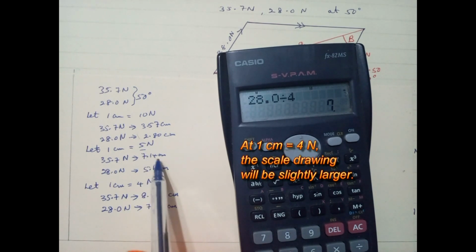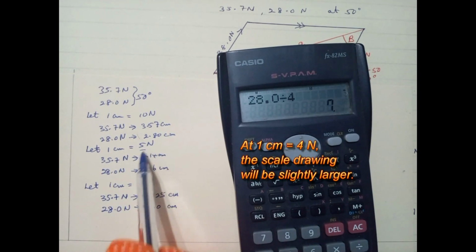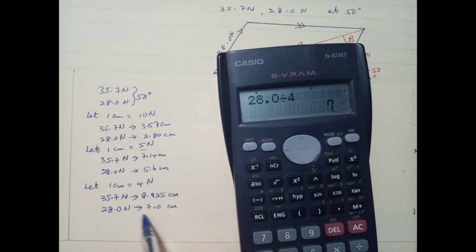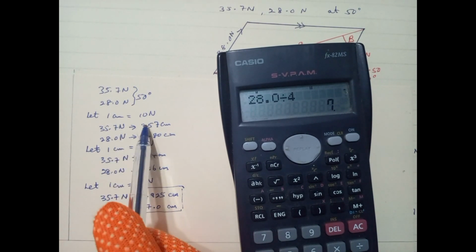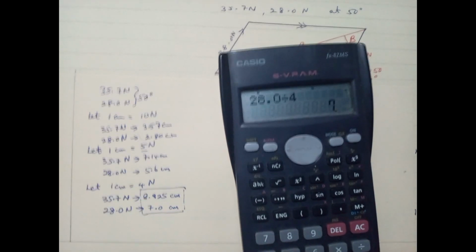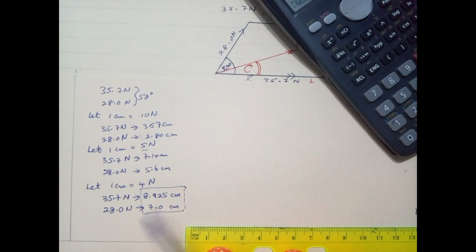Now we can choose this one here or this one. I prefer this one, so our drawing would be much bigger than that. So 8.9 centimeters. Start out here as 0, 1, 2, 3, 8.9 would bring us to this point.